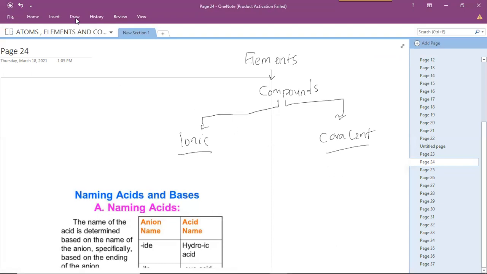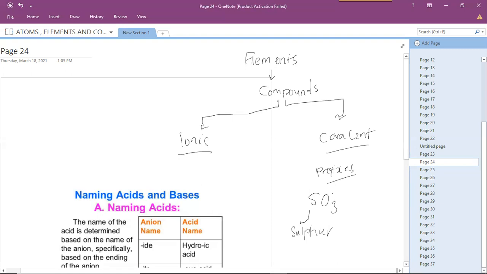we said we give the name of the first element and then we use prefixes to indicate the number of atoms in the second element. For example, if we had something like SO3, then we say this is the first element, which is sulfur.